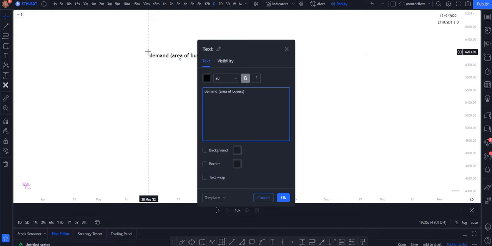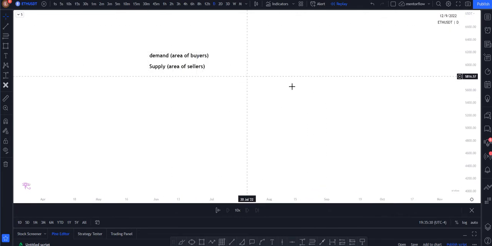So demand is an area of buyers. Supply, opposite. Keep it simple. Area of sellers. We have supply and demand.